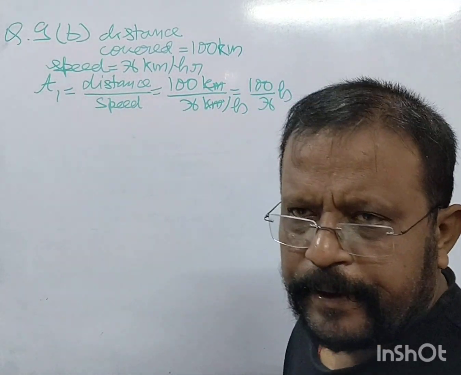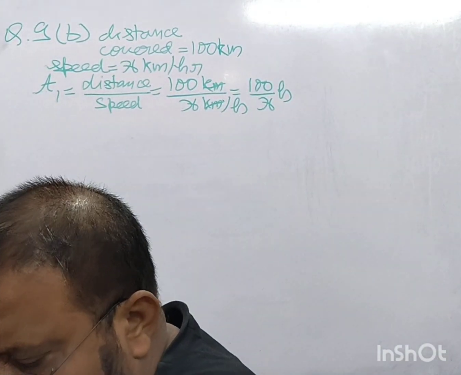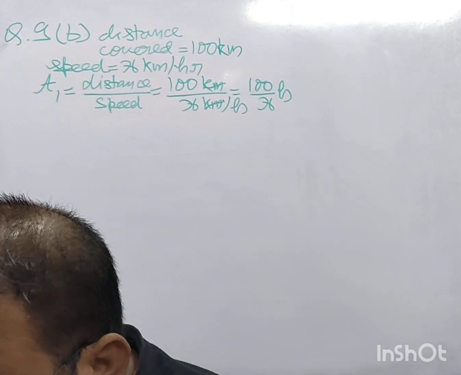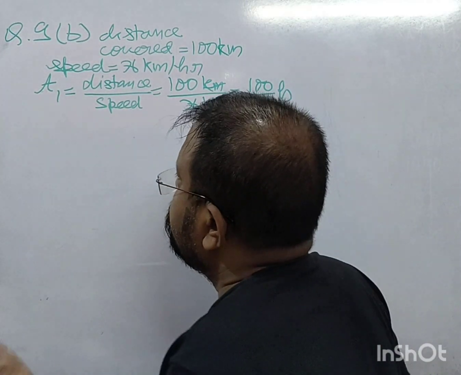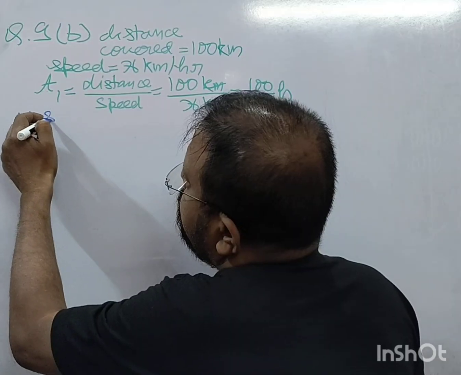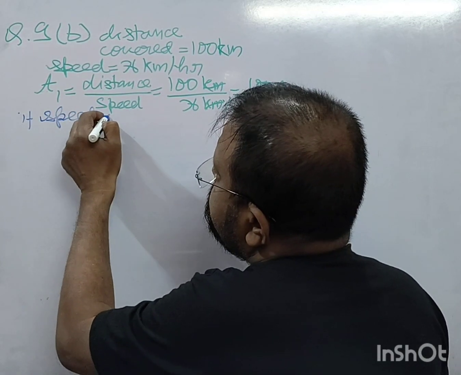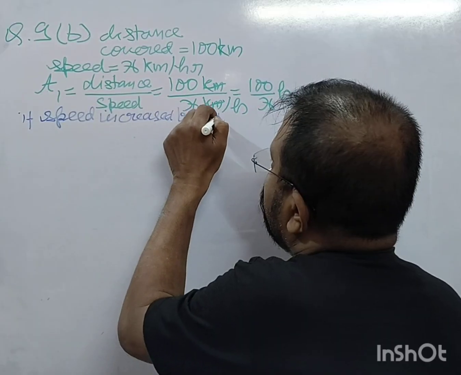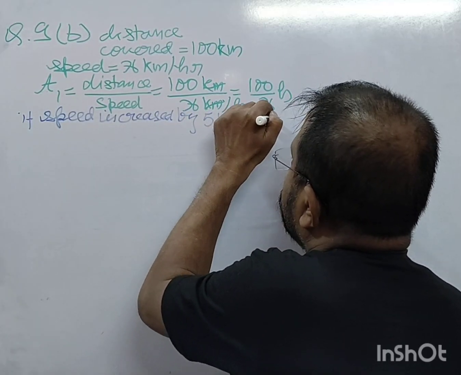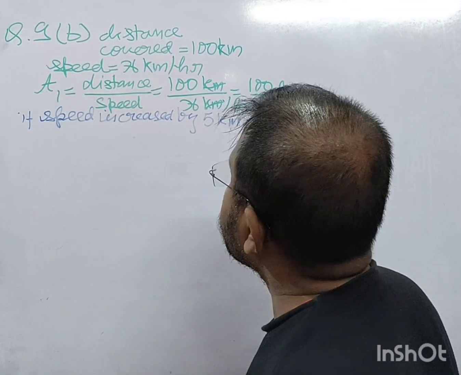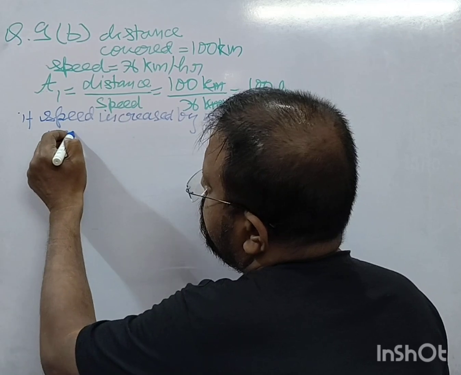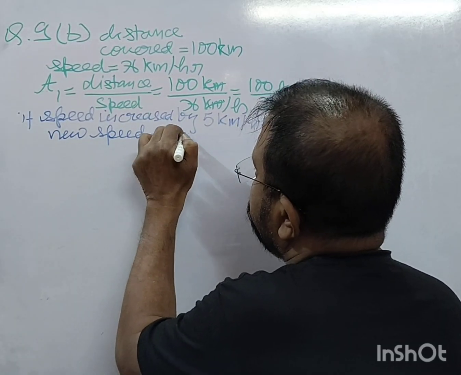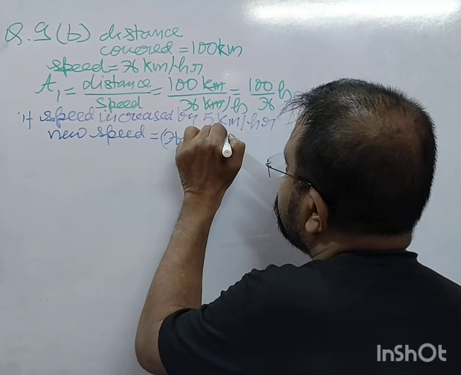This is T1. Now what it is saying: had the speed been 5 kilometer per hour more, if speed increased by 5 kilometer per hour more, so new speed is equal to x plus 5 kilometers per hour.